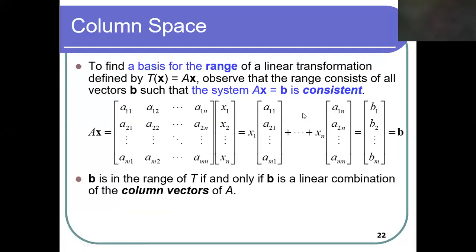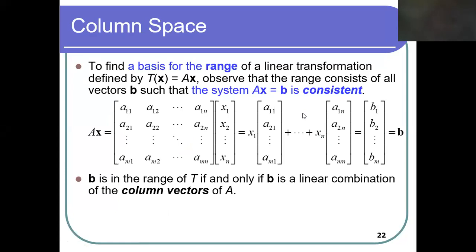So column space of a transformation: to find the basis for the range of a linear transformation or column space of a linear transformation T of x is equal to A into x.